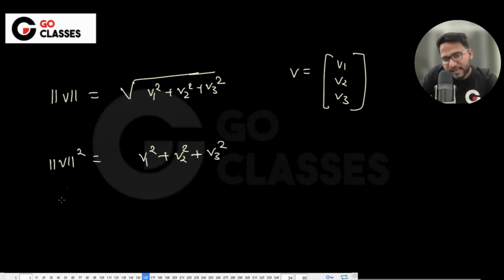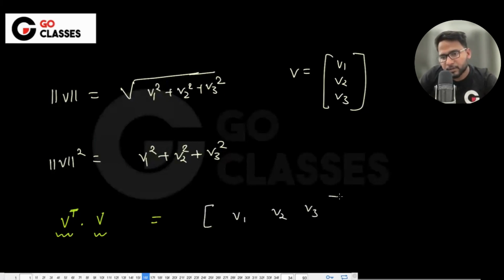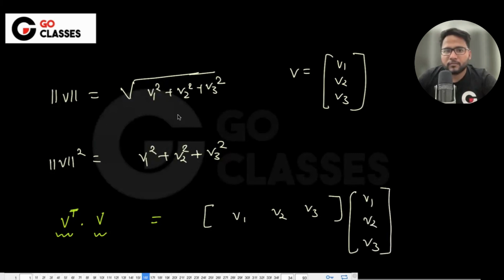Now this is the same as taking v transpose and then the dot product, considering them just like matrices. So v transpose, which is v1 v2 v3, multiplied by v1 v2 v3, gives v1 squared plus v2 squared plus v3 squared.